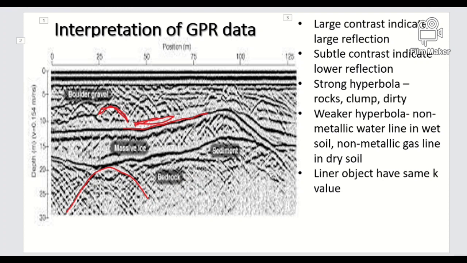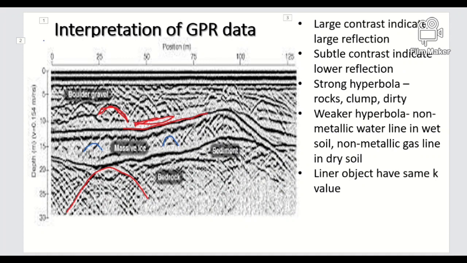Also we can see here, into the shallow foundation, a weaker hyperbola, maybe this type of hyperbola. So it's maybe the water line. The hyperbola cannot give us a proper image; we cannot see or detect it properly. So it's called a weaker hyperbola.